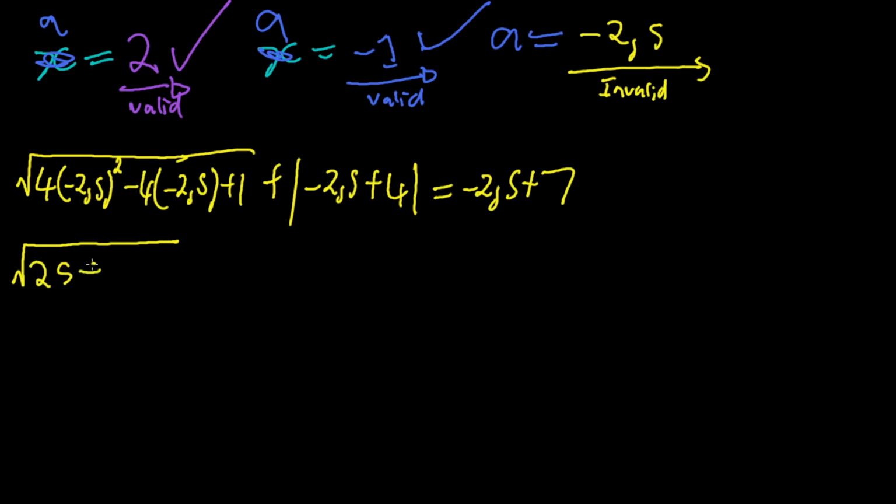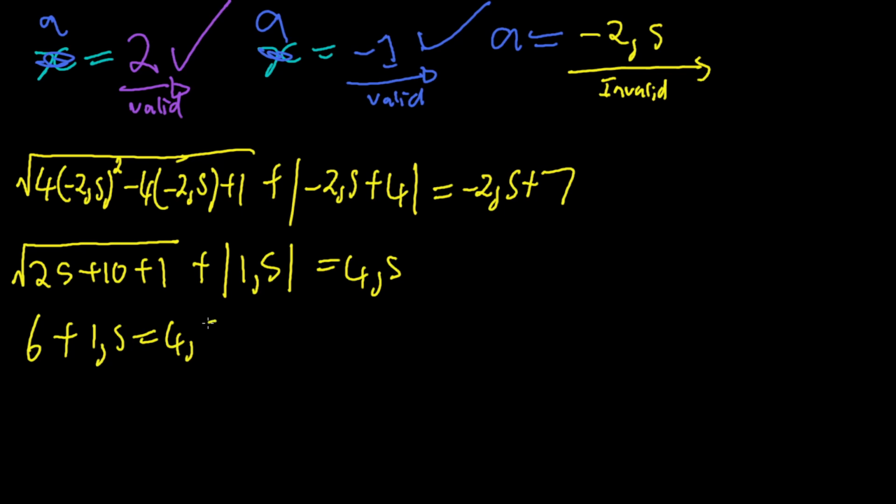Then this ends up being 10, and then this ends up being 1, plus the absolute value of 1.5 is equal to 4.5. So 25 plus 10 is 35, plus 1 is 36, and we know that the square root of 36 is 6. So 6 plus 1.5 is 7.5, which is not equal to 4.5, and as you can see, this is where it's wrong, which means that this is indeed invalid.